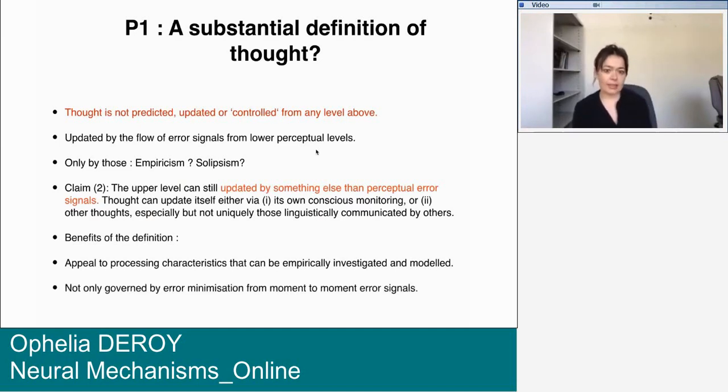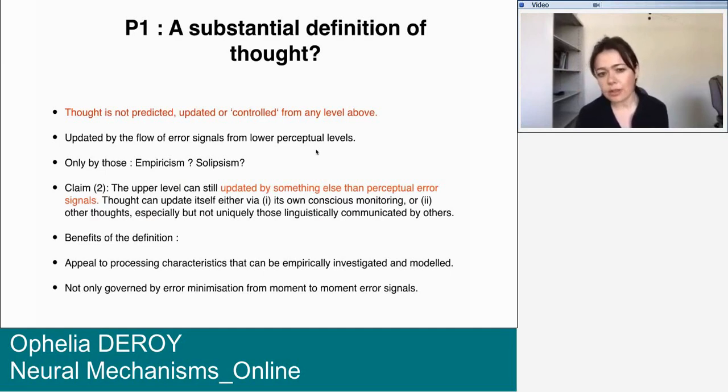Now, I also think that this full definition of thought shows that we need to think that there is at least one level in the human mind and brain that is not just governed by the only norm of minimizing error from a moment-to-moment perspective.